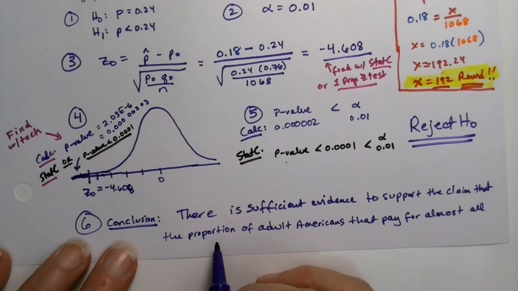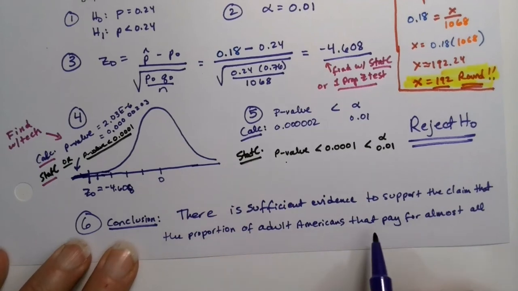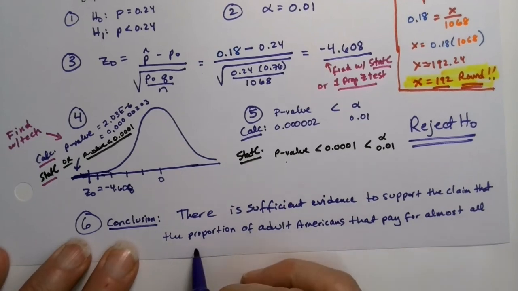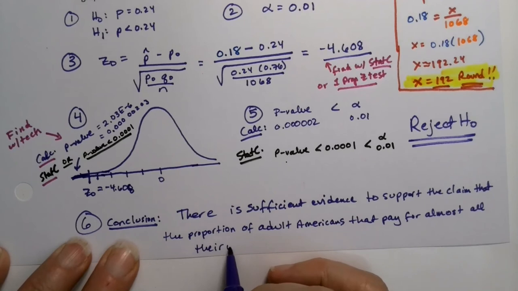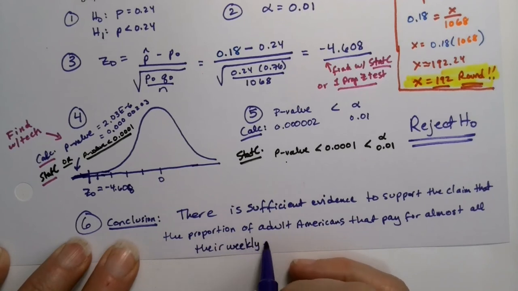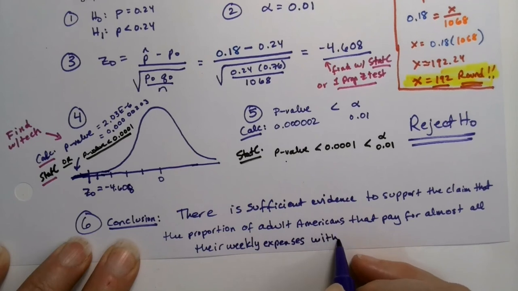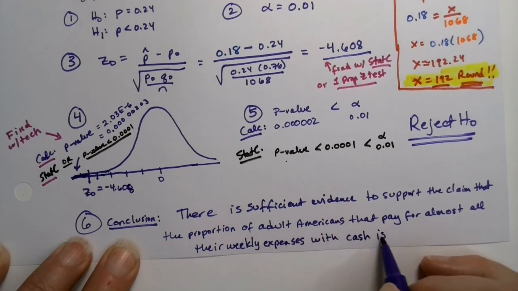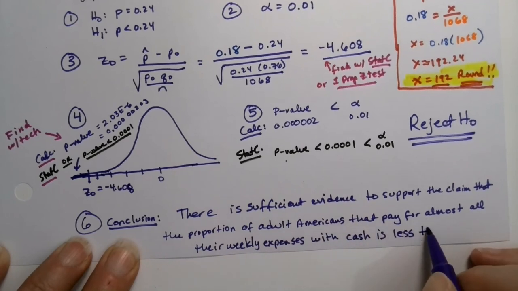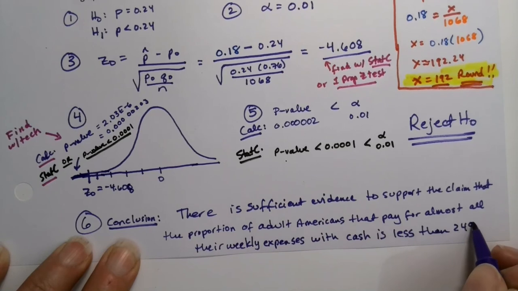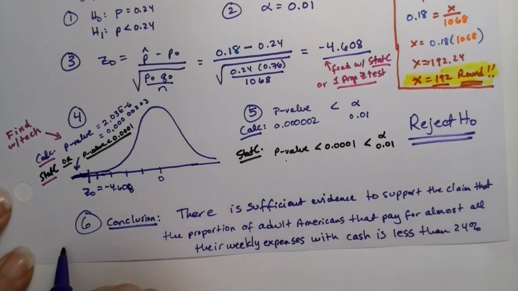It's the H1 that's going to get you because you have to write so much, right? It's the proportion of adult Americans that pay for almost all their weekly expenses with cash is less than 24%. You're writing out H1 in words.